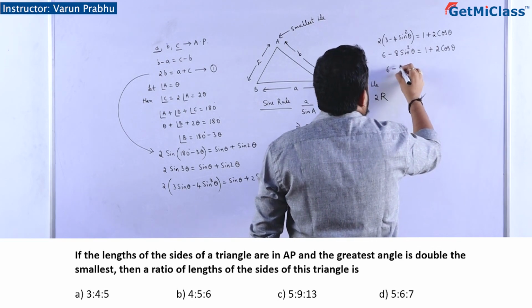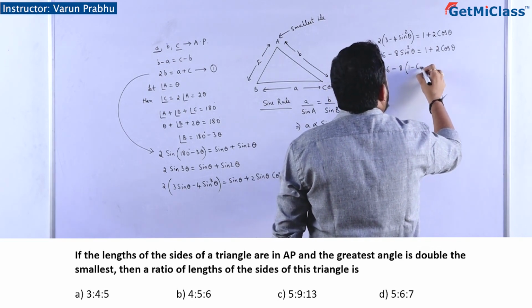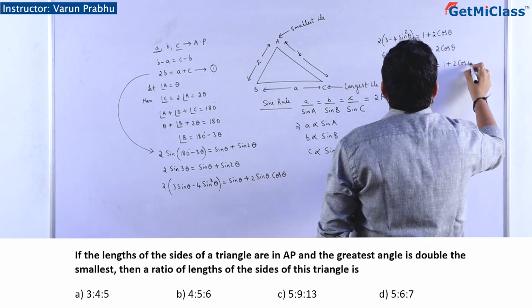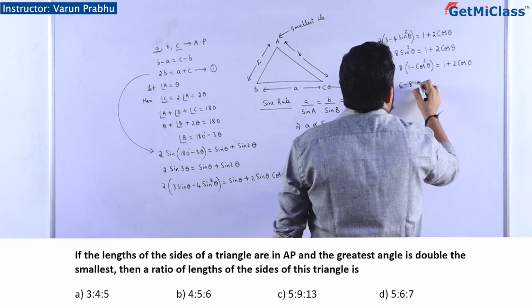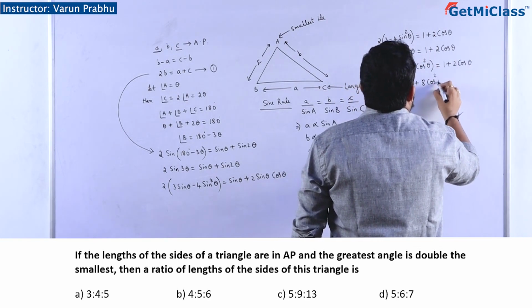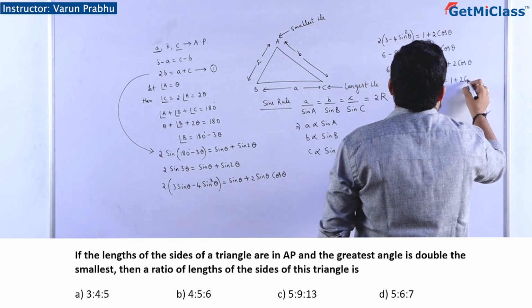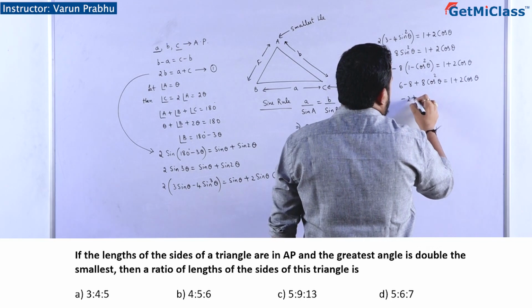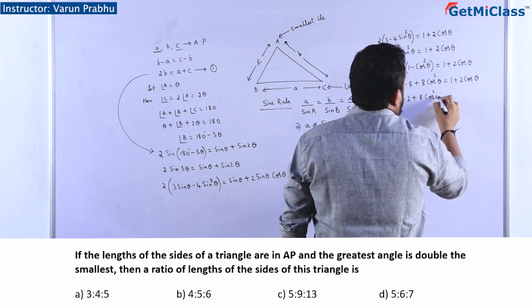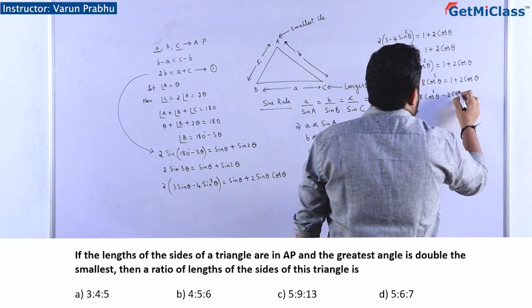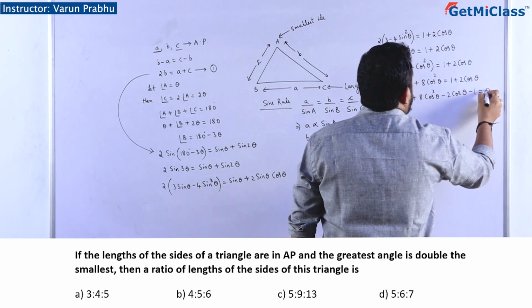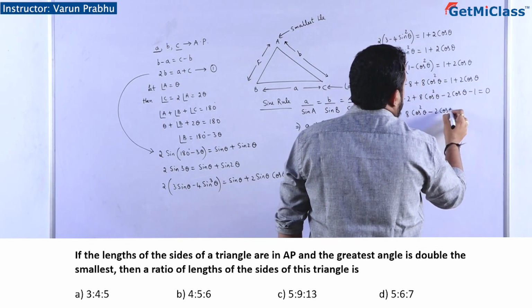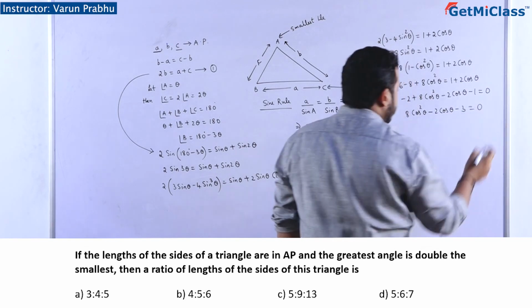So 8 cos squared theta minus 2 cos theta minus 3 is equal to 0.